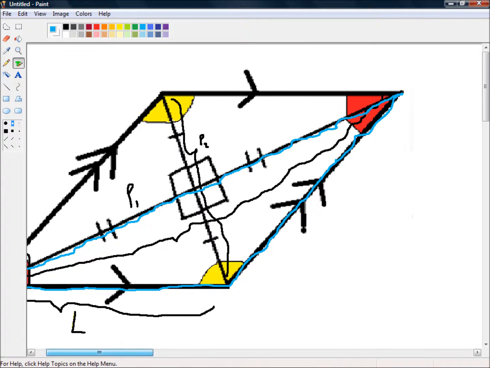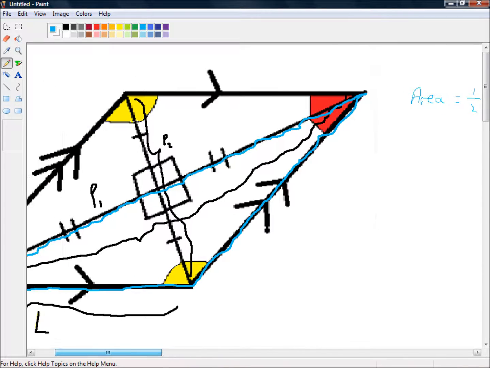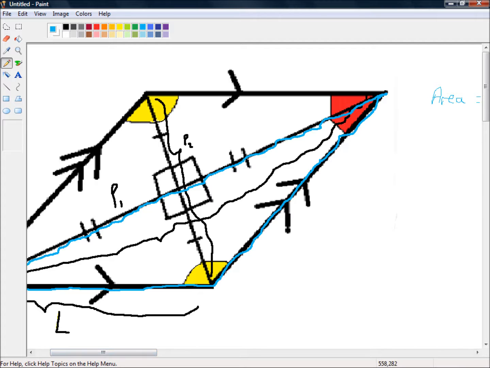And we know about triangles. We know that the area of a triangle is equal to a half base times height. Now we know the base of this triangle because that's just P1.